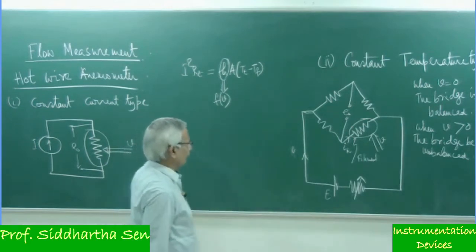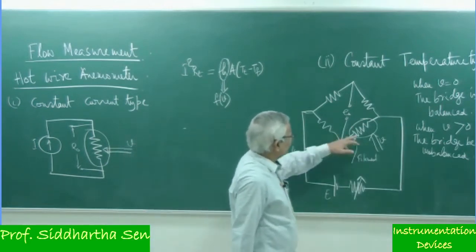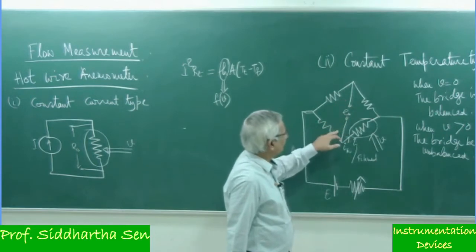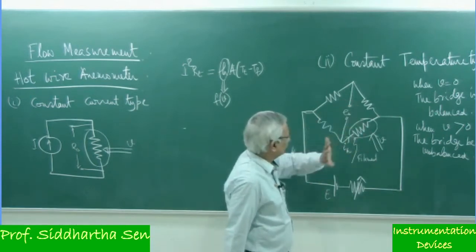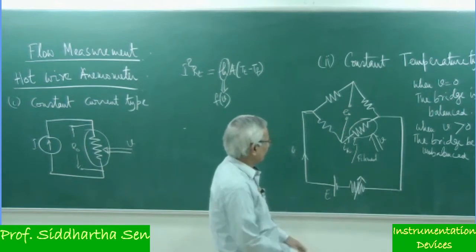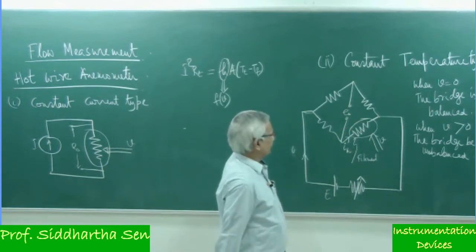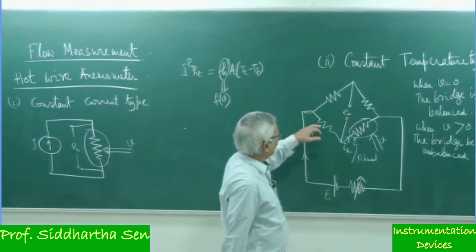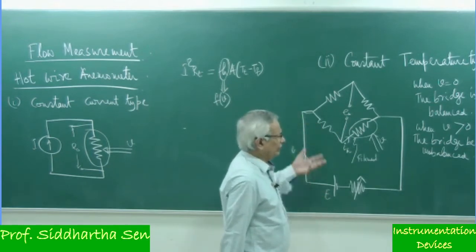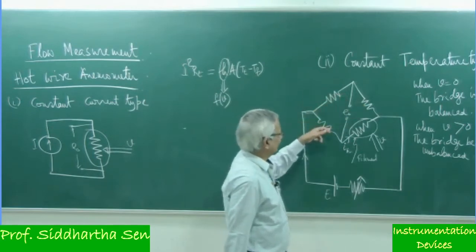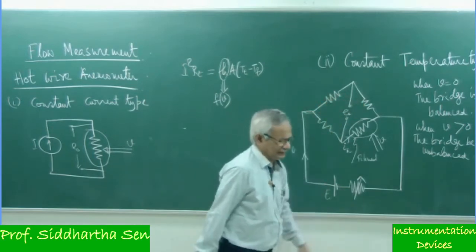So his job will be to restore the bridge to the balance. By looking at the unbalanced voltage, he will try to restore the bridge to the balanced condition. Obviously, the first thing we always try is to vary the resistances here.